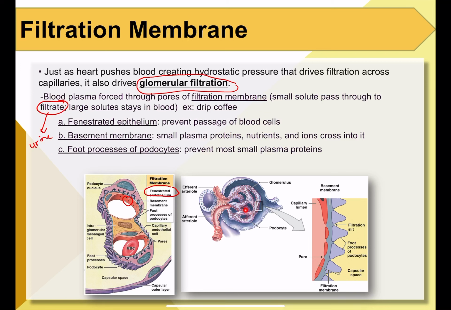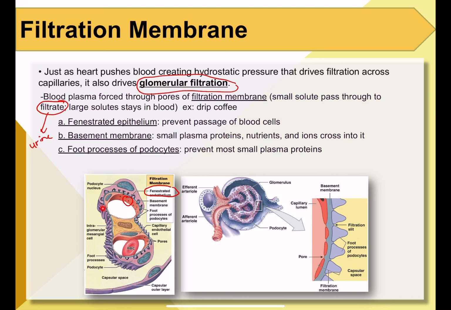So whatever comes out of the podocytes is what will enter into the capsular space and then goes into the renal tubule to form your urine, okay? So the fenestrated epithelium are those exhibited by your blood vessel going into the glomerulus, and then you have your thin layer of basement membrane that connects the capillary cells to your podocytes. Okay, basement membrane will allow some small plasma proteins, nutrients, and ions to cross into it.